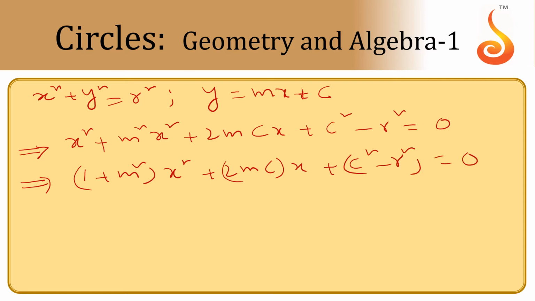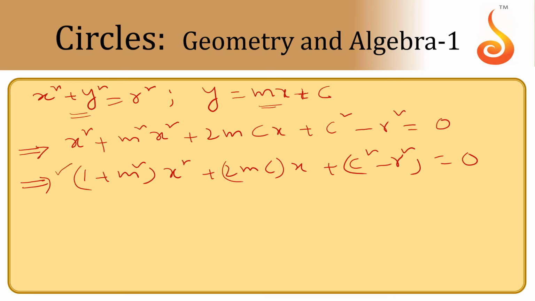So we got a quadratic in x. See, I moved now into algebra. What is x? x is the x coordinate of the points in the locus. Will this quadratic in x be satisfied by the x coordinates of the circle or the line? It should satisfy both. Why? Because as we inserted the line locus into the circle locus, we got this condition.